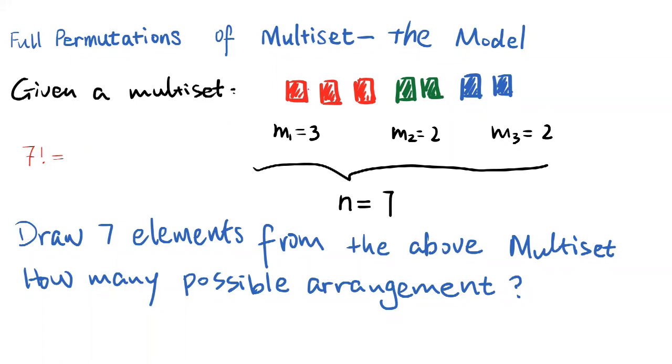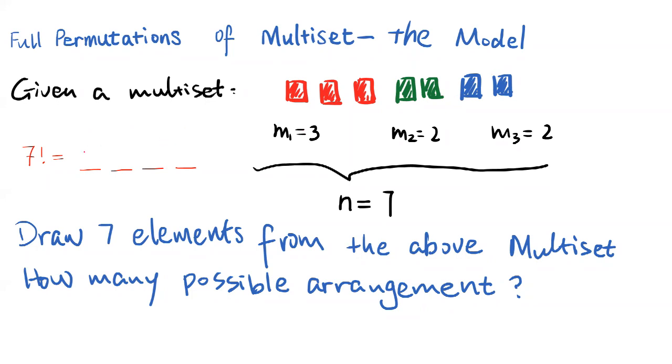And to conduct a full permutations on this set, we can treat it like several steps. First step is to assume that the 3 red blocks are identical, and at the meantime, the 2 green blocks are identical and the 2 blue blocks are identical.